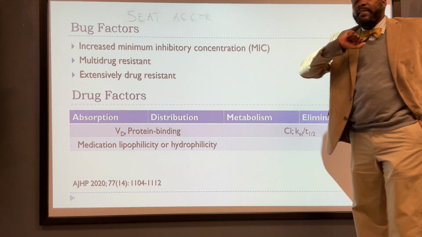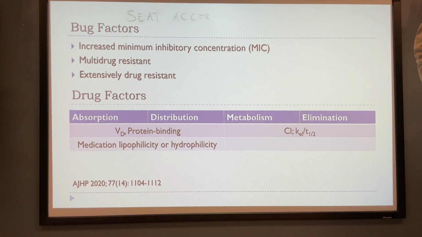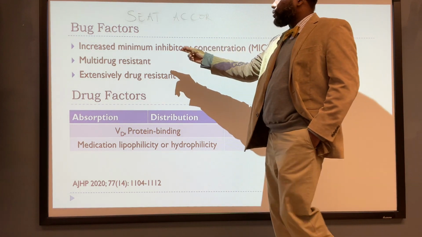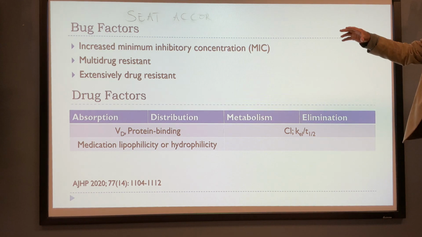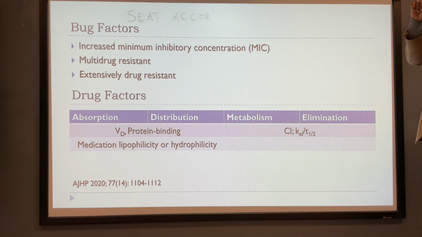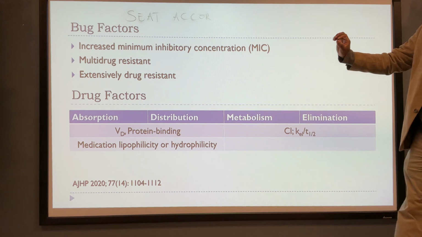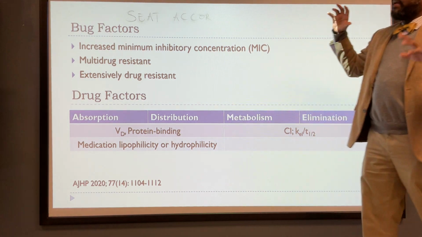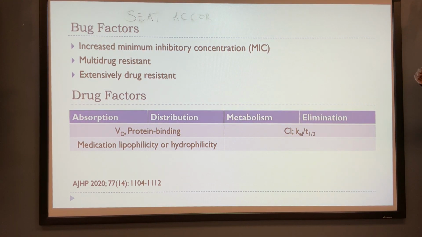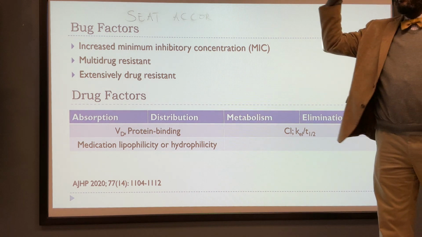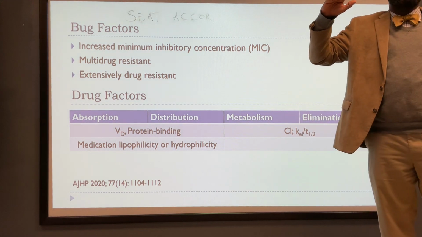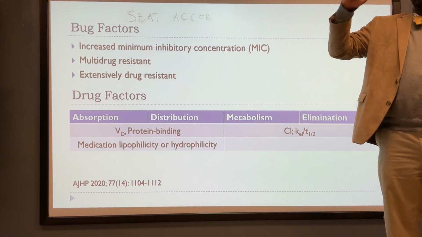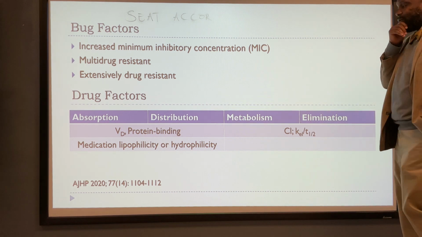Some bugs are resistant. So we may need either a different drug or more drug in that particular case. And again, some organisms may be extensively drug resistant, which means that even at normal concentrations that typically would kill that organism, you may need higher concentrations in order to do it.